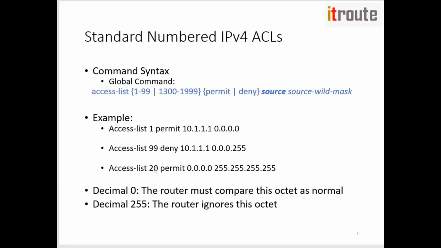Now access list 20 permit 0.0.0.0 and we have wildcard mask 255.255.255.255. That means the router will ignore each of the octets. Okay. So that's how we use the wildcard mask.